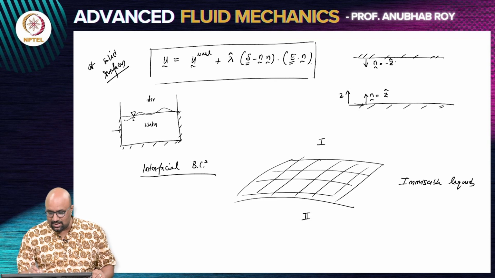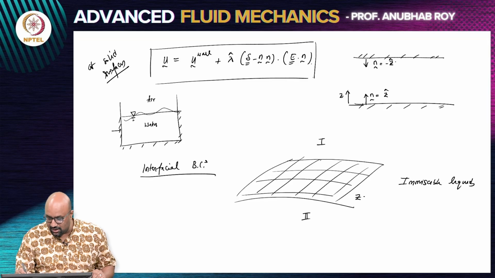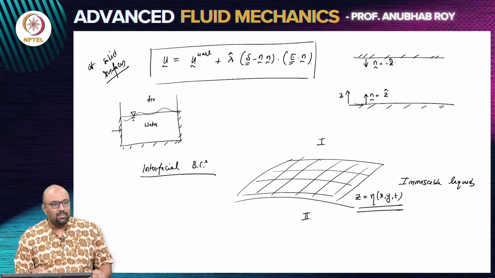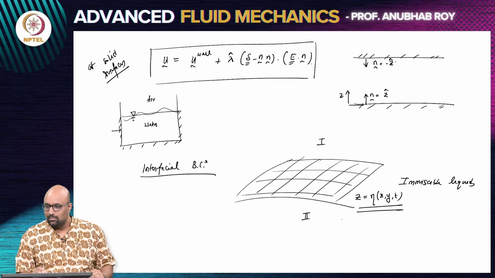So in which case this boundary, if I define this boundary as z equals h of x, y and t, this boundary is an unknown of the problem, it is responding to the motion. As there is a flow that is being generated, going back to that example of water in a beaker, the shape of the boundary itself is an unknown in the problem.